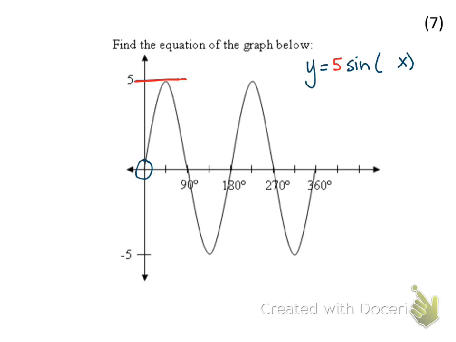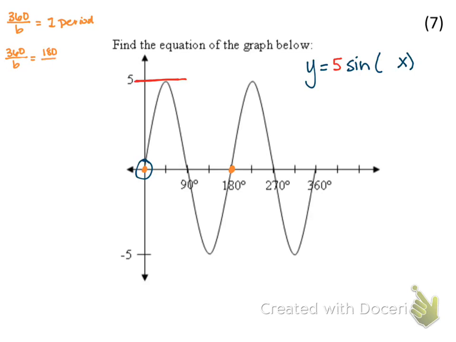In this case, we're working with degrees, so we want to look at 360 degrees divided by our b value is going to be the length of one period. We can look here, our period starts at 0, and the first period ends at 180 degrees. So we can use our formula 360 divided by b value, which we're trying to solve for, equals 180 degrees, since that's the length of one period.